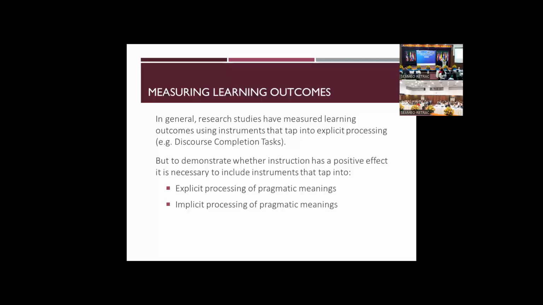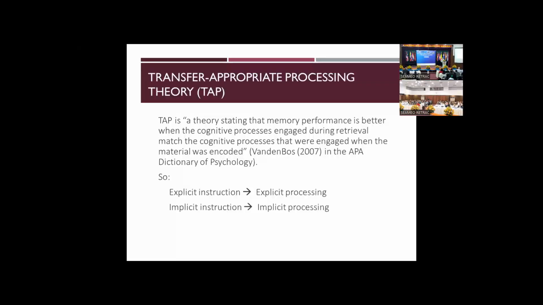I mean the ability to produce an appropriate response without having to think about it, without conscious reflection, a response that is more or less automatic. So if we want to investigate the effects of instruction, we need to look at the effect of the instruction on both types of processing.